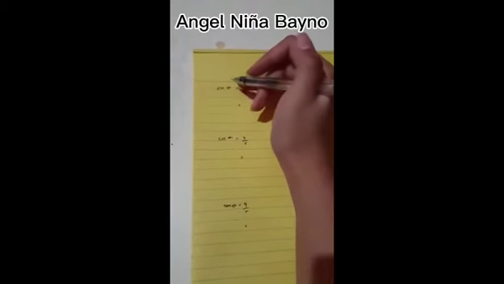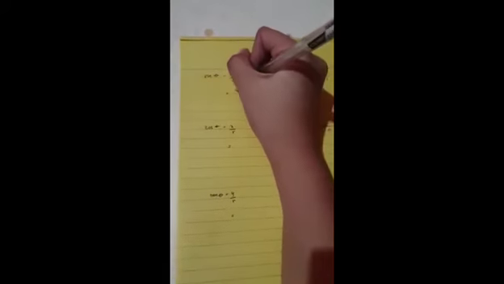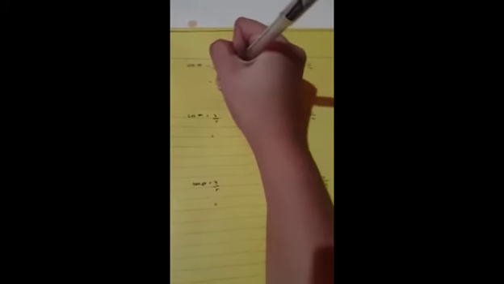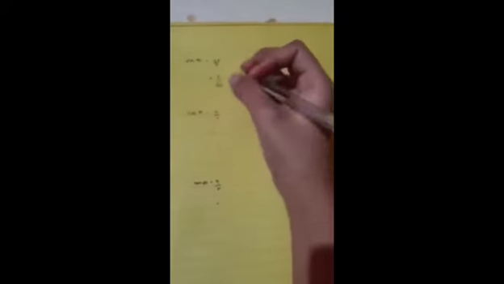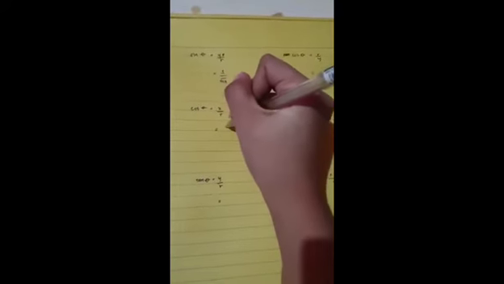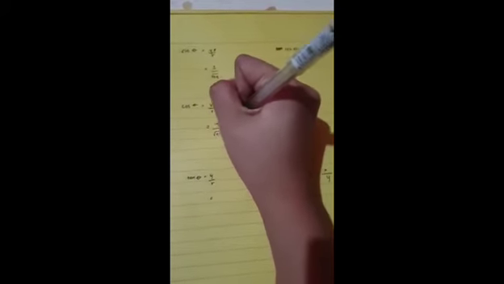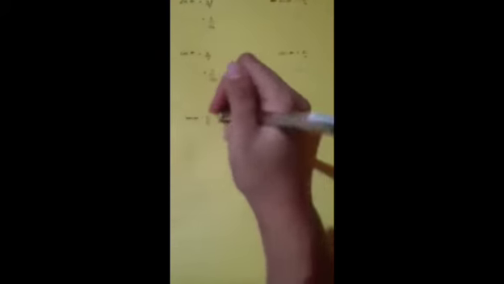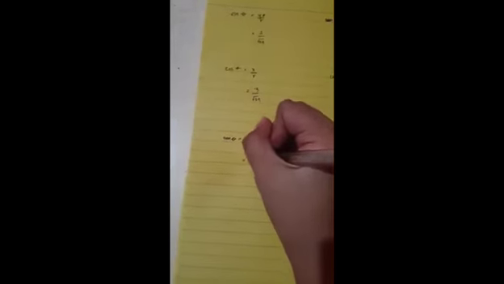So first we'll be evaluating sine theta, which is 2 over square root of 29. Then the cosine theta, which is -5 over square root of 29. Then the tangent theta, 2 over -5.